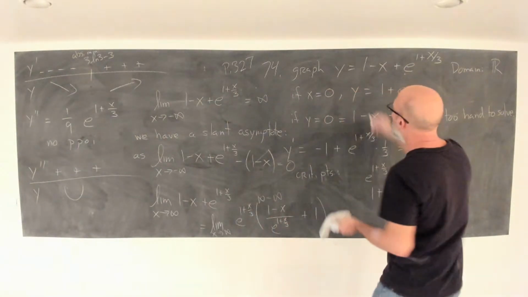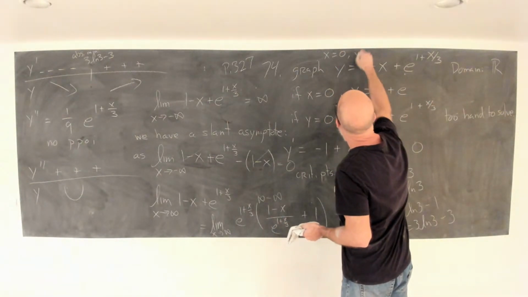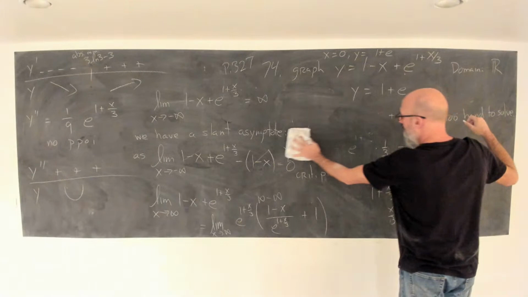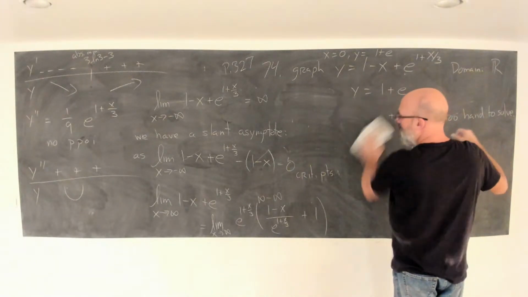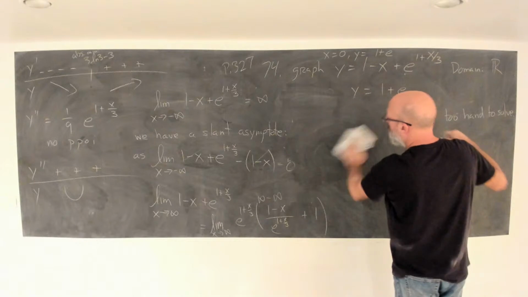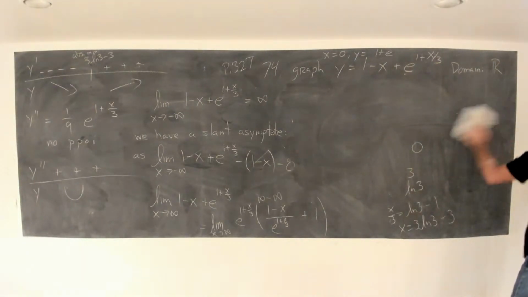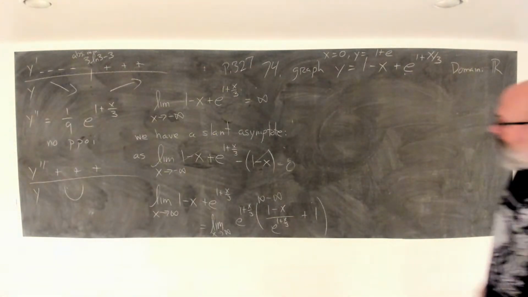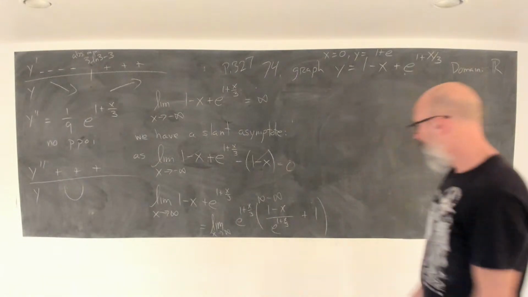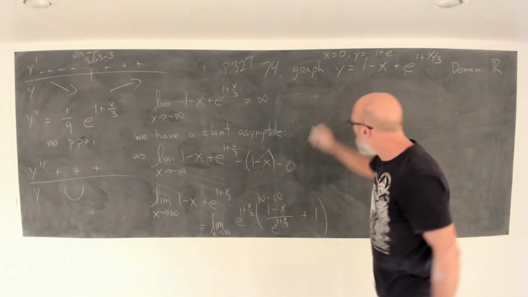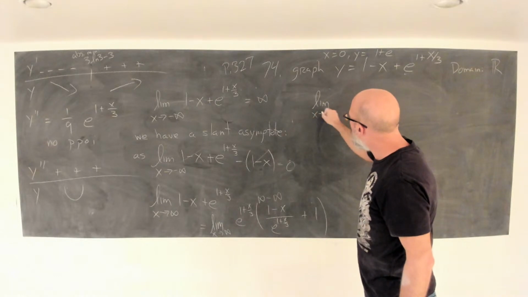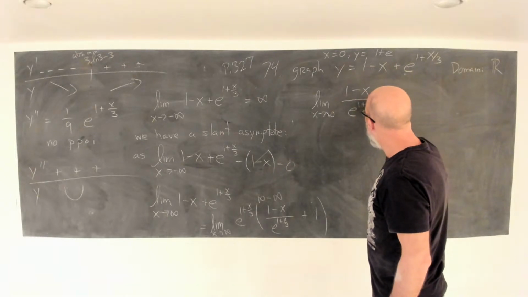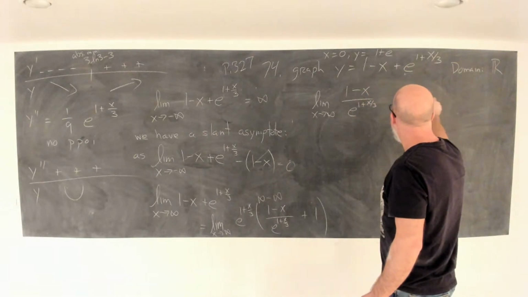Let me just remind ourselves, if x is 0, y is 1 plus e. So let's look at this thing as an aside. Limit as x goes to infinity of 1 minus x over e to the 1 plus x over 3, which has the form infinity over infinity.